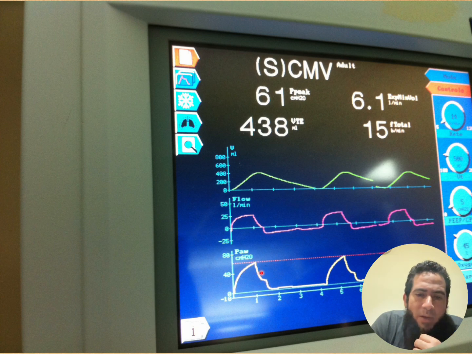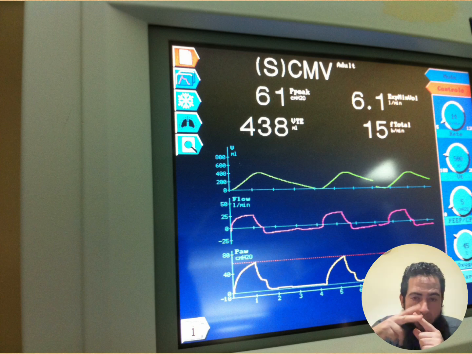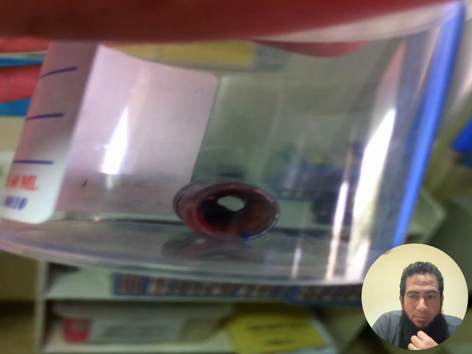So anything more than 15 centimeters of water difference between peak and plateau reflects a problem in the airway, either a wheezy chest or a blocked tube or whatever. For this patient, we had to change the tube because he wasn't wheezy, and when we took the tube out and cut the tip of the tube and sent it for culture, you can look at the tip of the tube in the next picture.